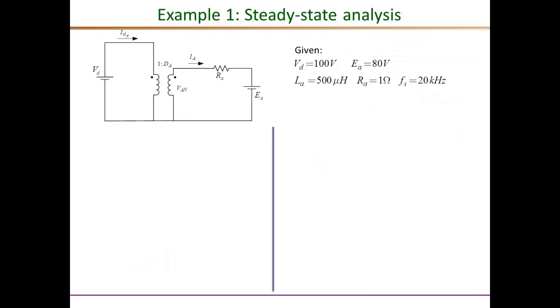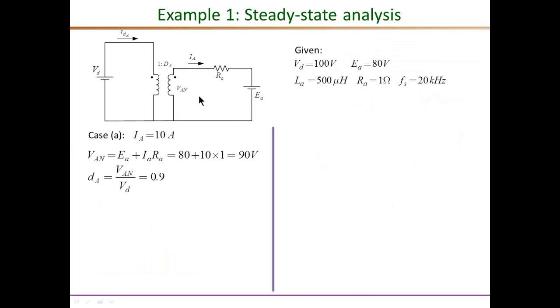Okay, so we'll start with the average model, which is as shown here. For the DC steady state analysis, the inductor is a short circuit, so we can use that to get the basic duty ratio, because the average currents are given. For case 1, it is 10 amperes. So we can write KVL around this loop.